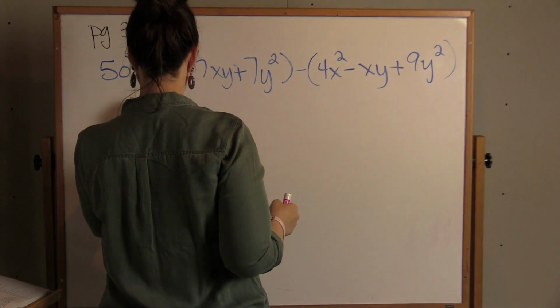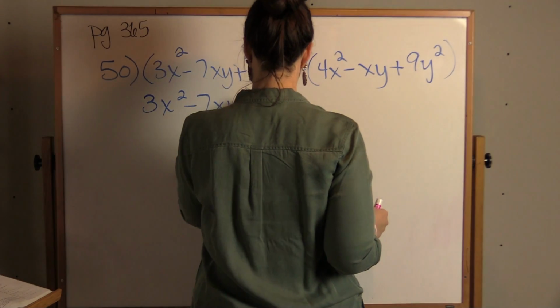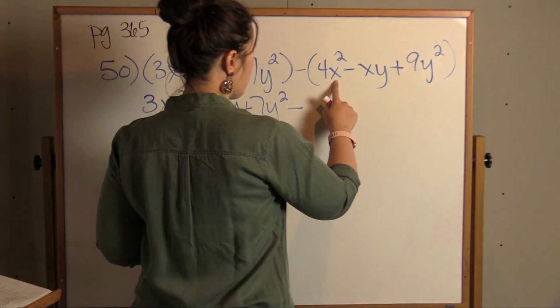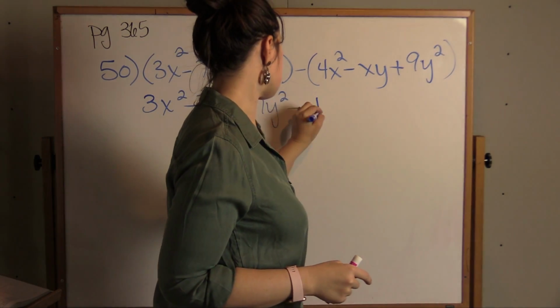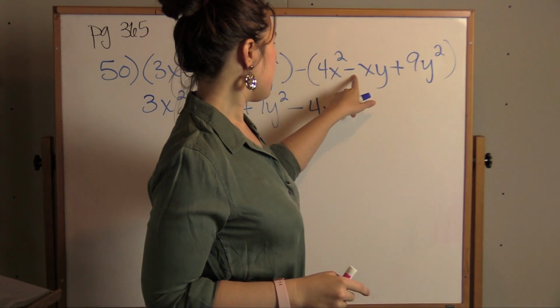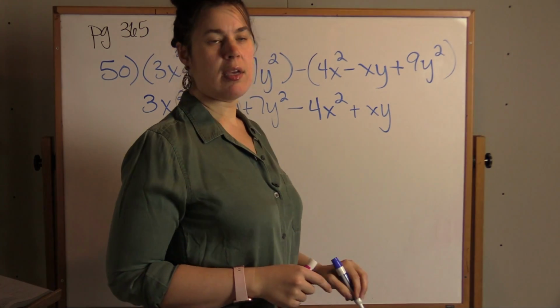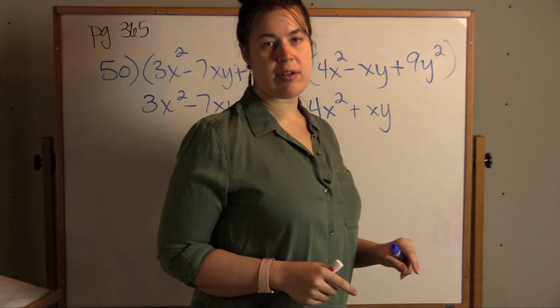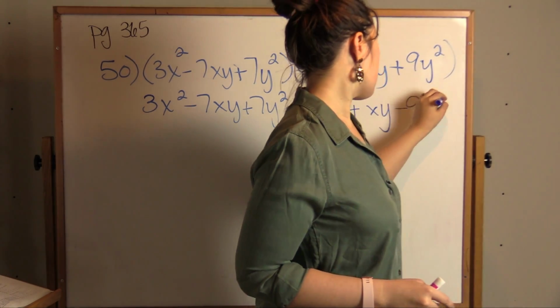So this still gets written the same. Don't change the first set. Now, 4x squared is positive, so it's gonna be minus 4x squared. xy is negative, so it's going to be plus xy. 9y squared is positive, so it's going to be minus 9y squared.